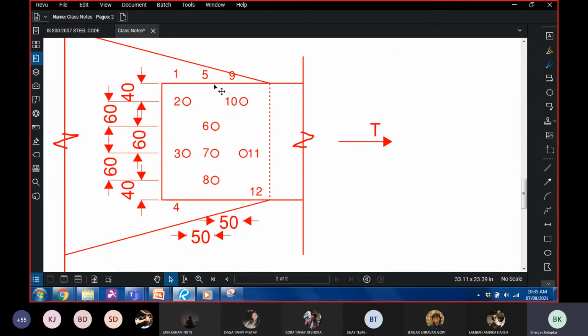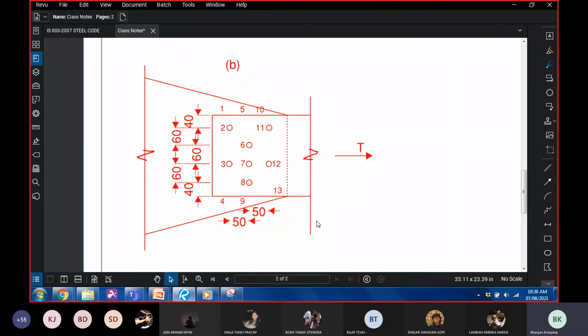This is 1, 2, 3, 4. It might start from here. So 5, 6, 7, 8. Oh, I've made a small mistake here. Moving on, 9. Do you need more time? Can we proceed?